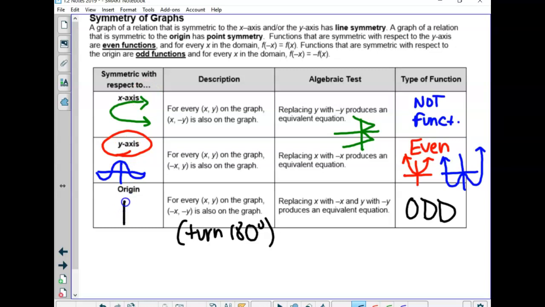All right, something that has origin symmetry might look like this. My lumps should be the same size there. Something else, it could come through like this.